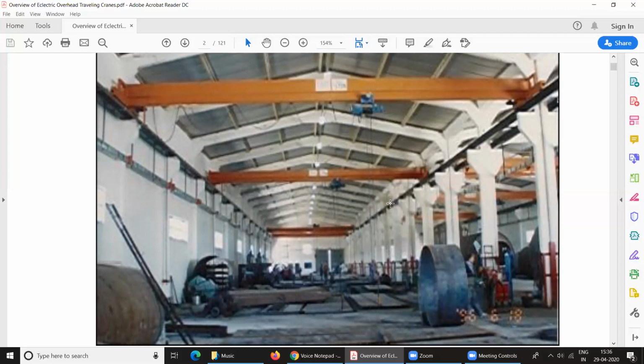The movements may be linear, revolving, or a combination of both. Now, the revolving cranes: the characteristic feature of these cranes is the presence of a structural arm called a boom, which can be rotated through 360 degrees about a vertical axis. These cranes are also called rotary cranes or slewing cranes.